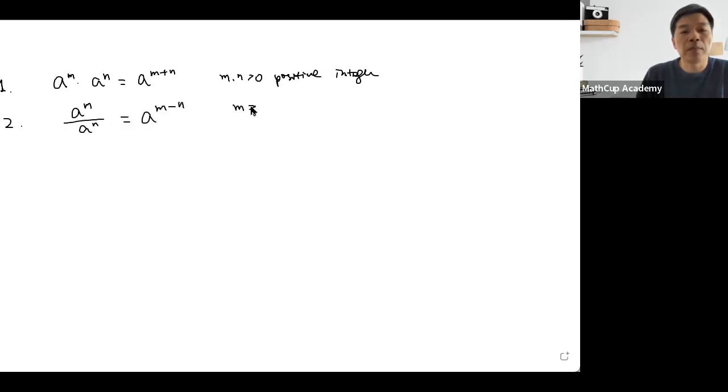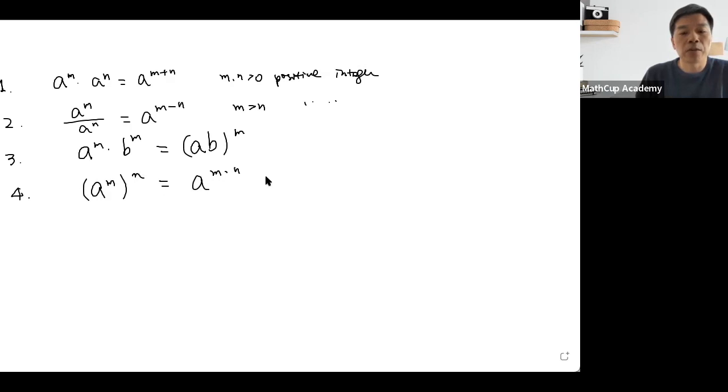Here it is for m bigger than n, positive integers. The third one is a to the power m times b to the power m, for 2 different bases with the same exponent, is going to equal the combined base raised to the same exponent. Property number 4: a to the power m raised to the power n is going to equal a to the power m times n. This is a property that you should try to memorize and, of course, first understand.